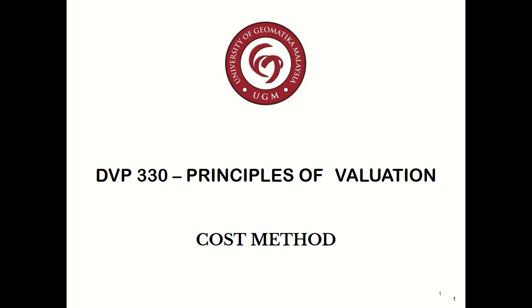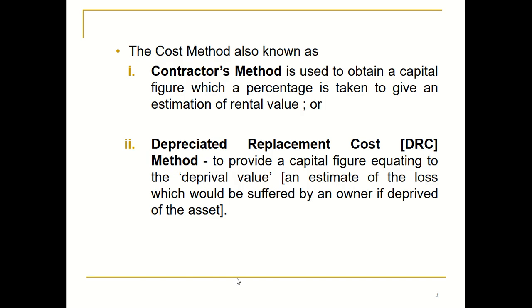Okay, for the second method of valuation, the cost method. It falls under the cost approach, where we use the cost of construction plus the land value to get the market value. This is the explanation for the cost method.